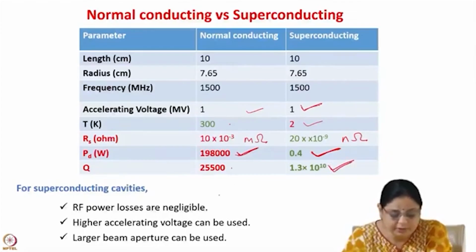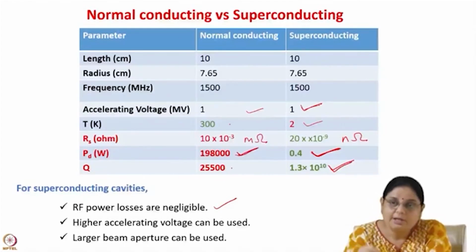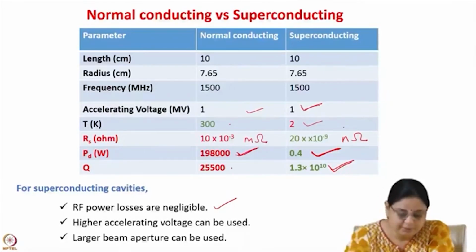So the advantage is that the RF power losses are negligible. Whatever power you are feeding into the cavity, almost all of it will go to the beam in a superconducting cavity, whereas in the normal conducting cavity, a lot of power is dissipated in the cavity. So this is a big advantage. You are able to utilize most of the RF power in the case of a superconducting cavity.